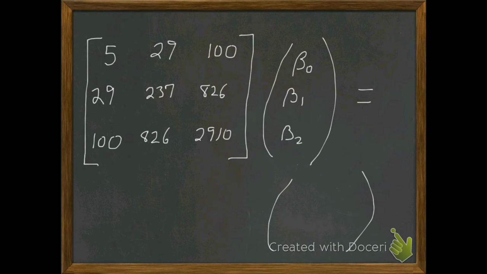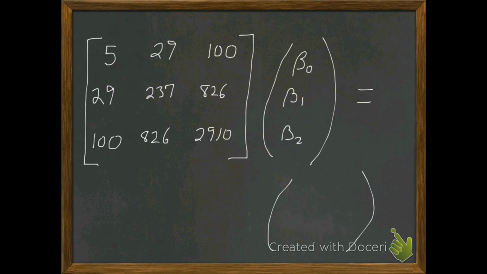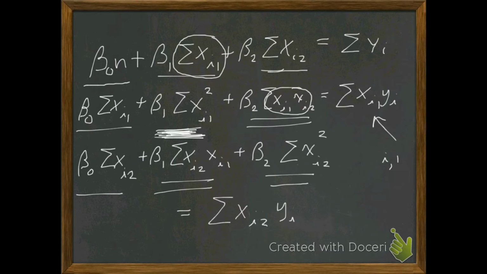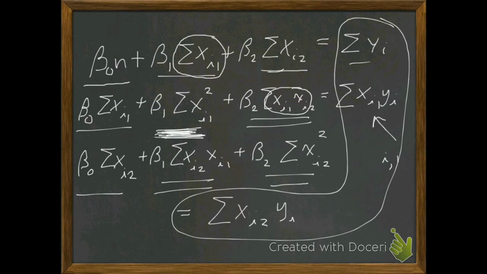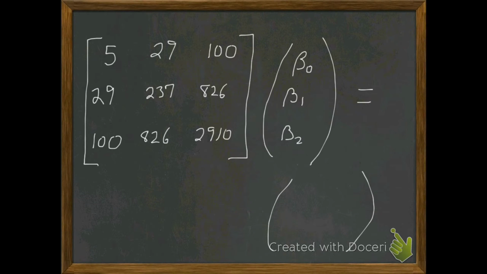Now, what we need next is the other matrix. We need this information. So this is clear: I'm going to take the sum of the y's, and I got 625.